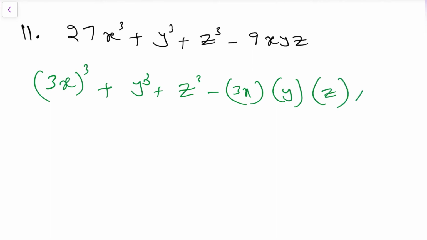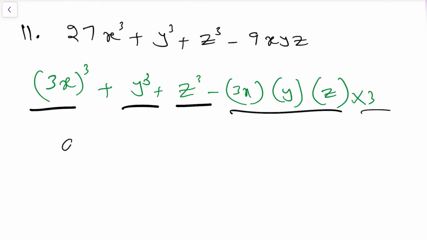into z into 3. So this is in the form of a cube plus b cube plus c cube minus 3 into abc.